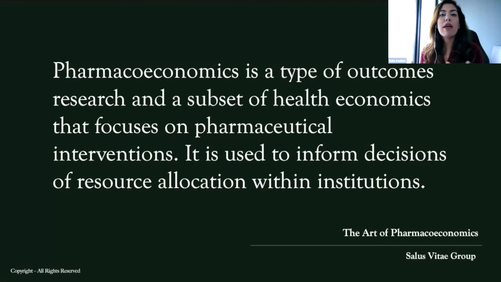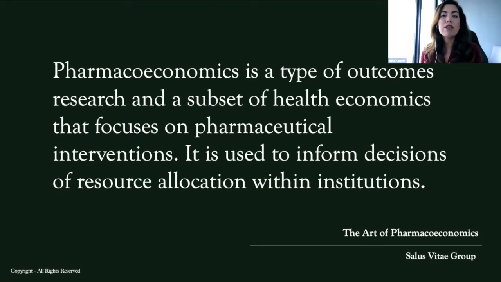And so we know that medications and things related to pharmaceutical products and services are a large percentage of our budget. So this topic has become extremely important because pharmacoeconomics is used to inform decisions of resource allocation within institutions, which we had just mentioned is extremely important. And we've seen greater emphasis on this topic over the years because we've seen a much higher number of studies published in this field, as well as advancements in the methodology.